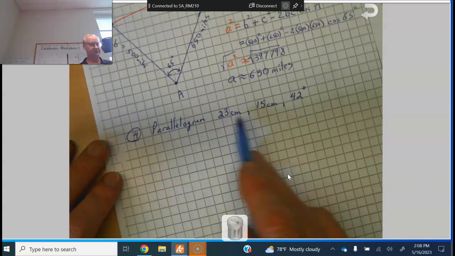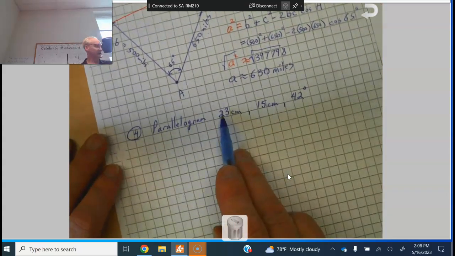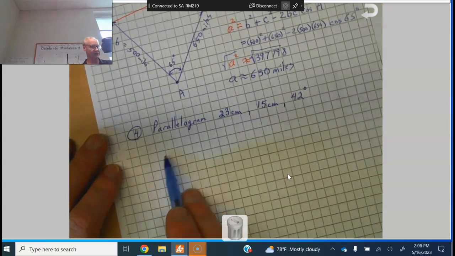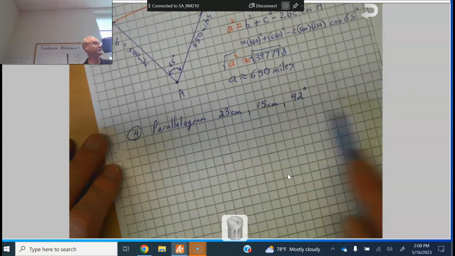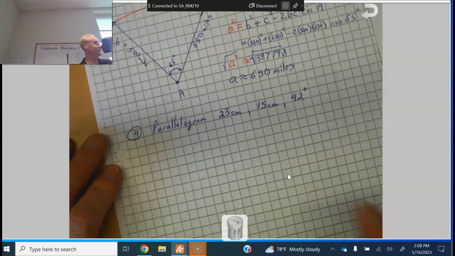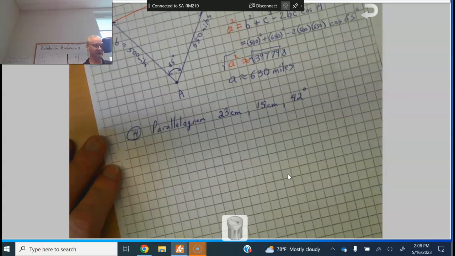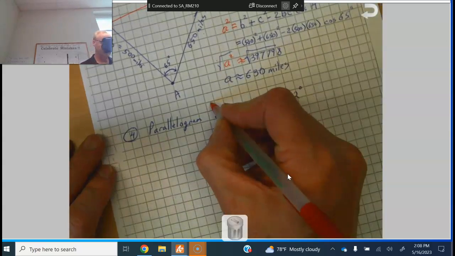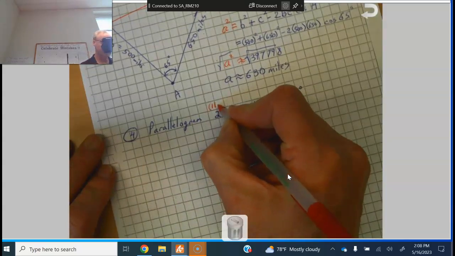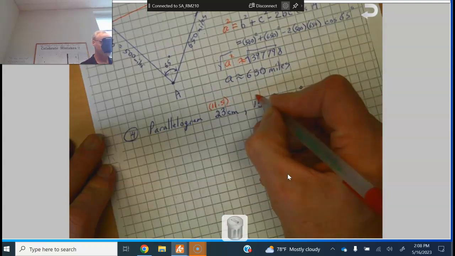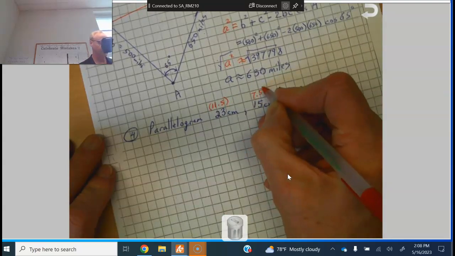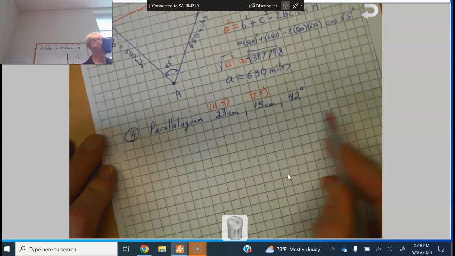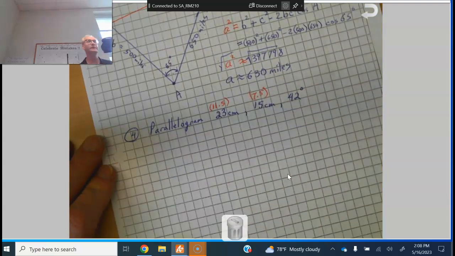So what I'm going to do is, in one of the other classes, I tried to draw this 23 squares by 15 squares, and it didn't quite fit in the paper. It was just a little tiny bit too big. So I'm going to use 11.5 units for this one and 7.5 units for this one, and make each one of the squares represent 2 centimeters instead of 1.